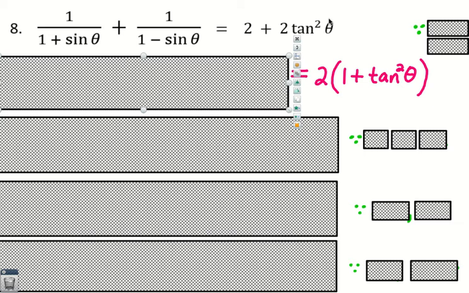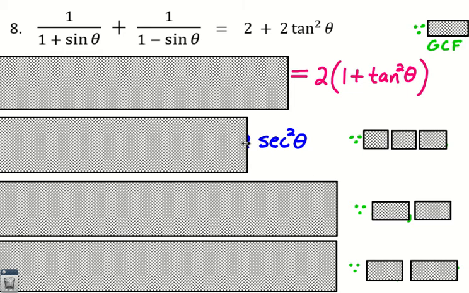But what I saw first here was bringing out a GCF of 2, okay? And then, instead of replacing tangent squared with something, now we can just go ahead and replace 1 plus tangent squared with secant squared.